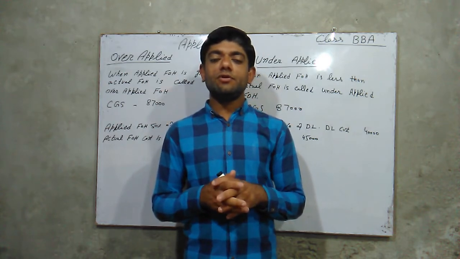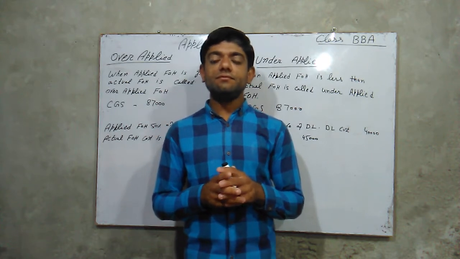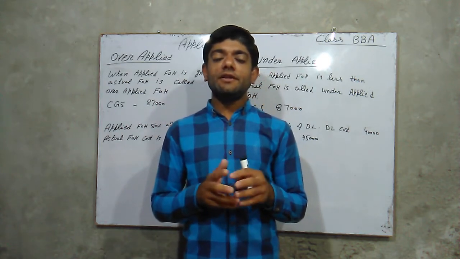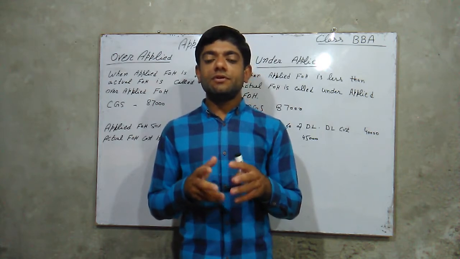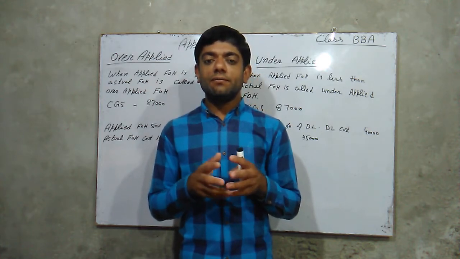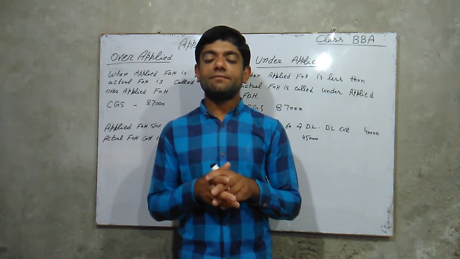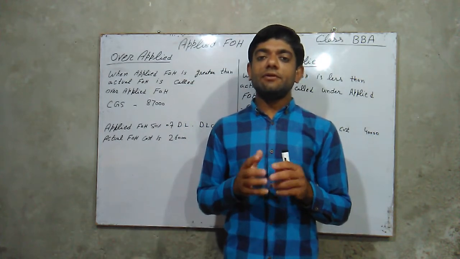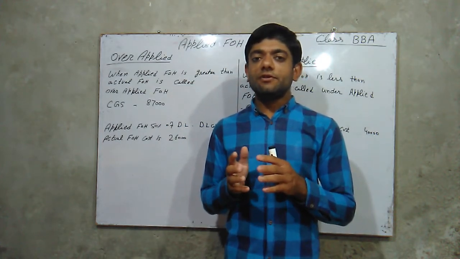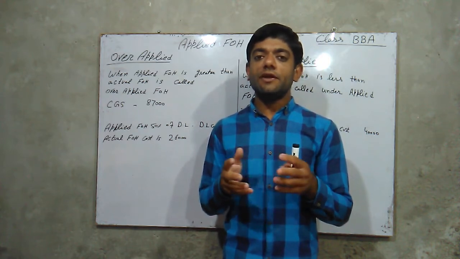So today I am going to discuss applied factory overhead. Applied factory overhead is calculated on the basis of direct material used, direct labor, machine per hour, and production per piece. Applied factory overhead is used when the actual factory overhead expense is very large.